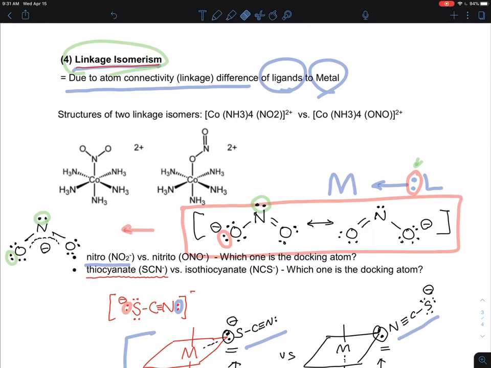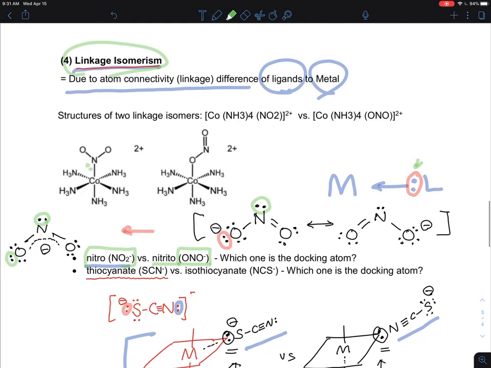I think this one bothers me, so let me get rid of it. So when you say nitro versus nitrito, nitrito is this notation. They write this one to emphasize that here the nitrogen is docking to the central atom, whereas in the other the oxygen is linking to the central atom.